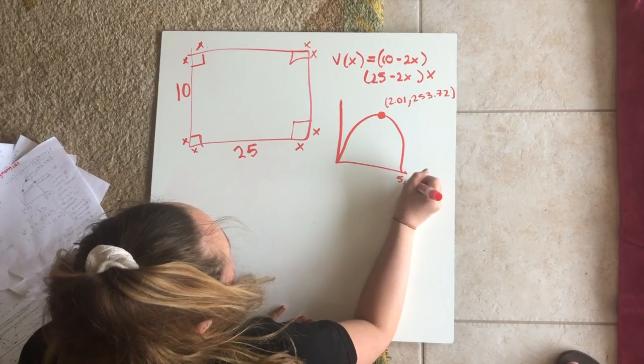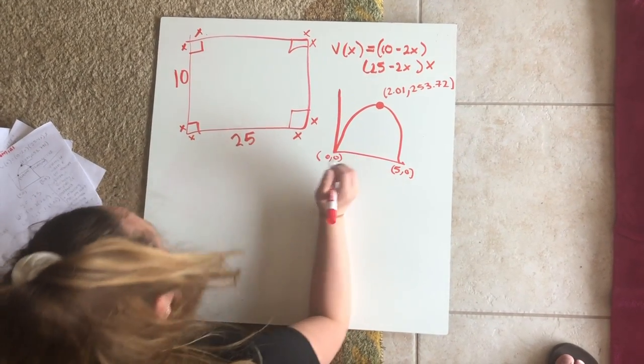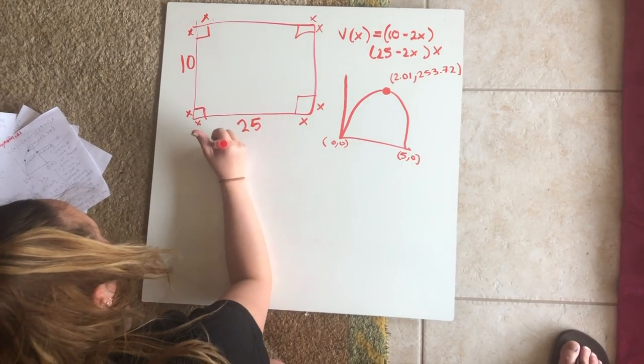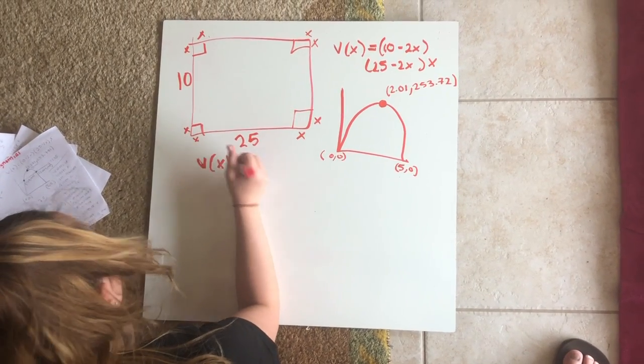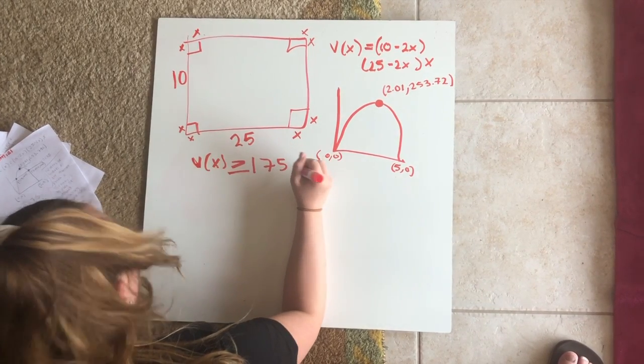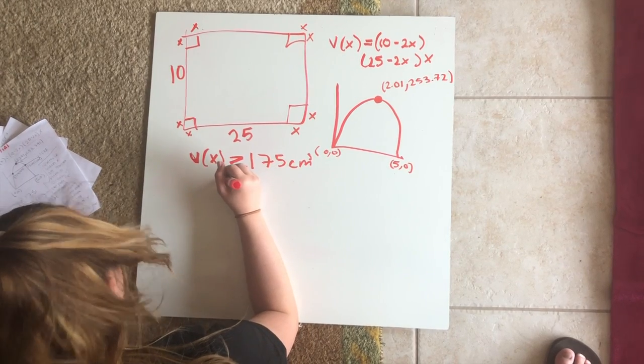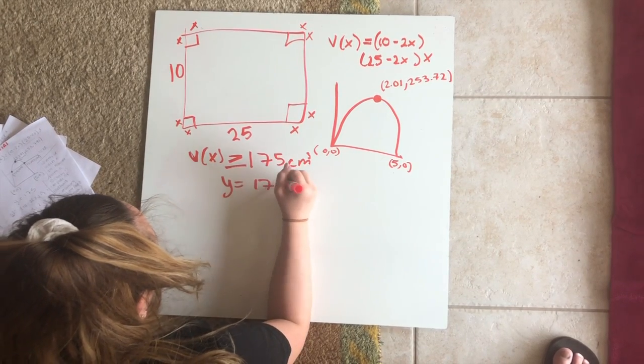Next, we are asked to determine all values of x so that the volume of the resulting box is at most 175 centimeters cubed. To do this, enter y equals 175 into your graphing calculator and find where the points intersect.